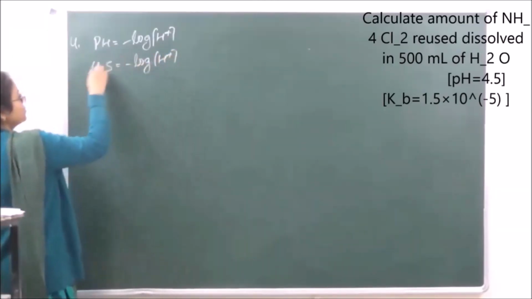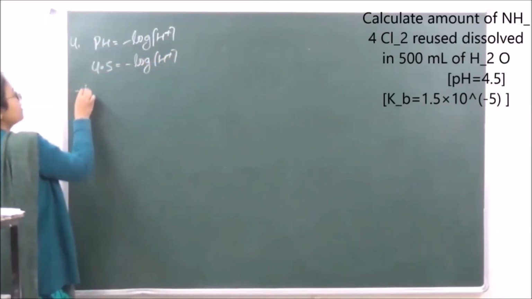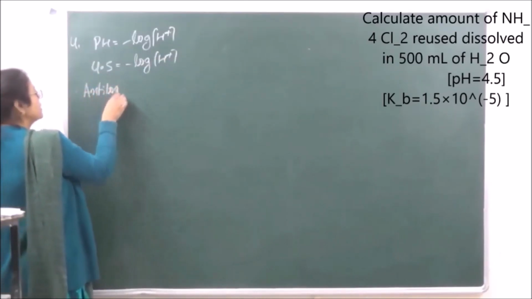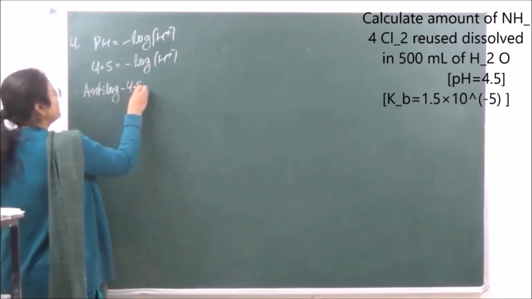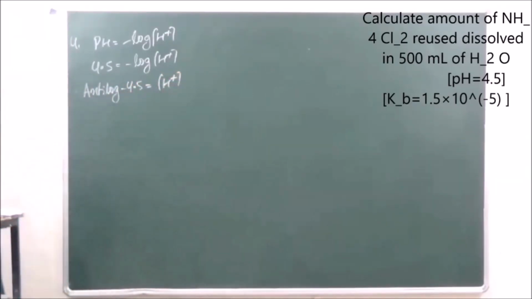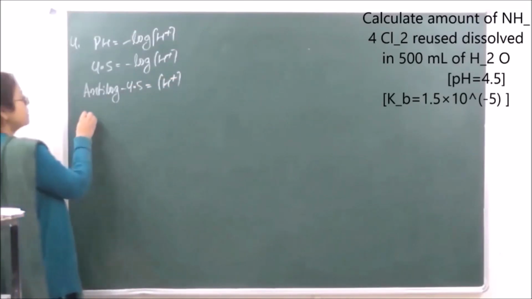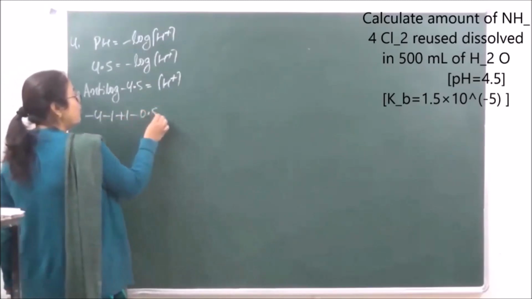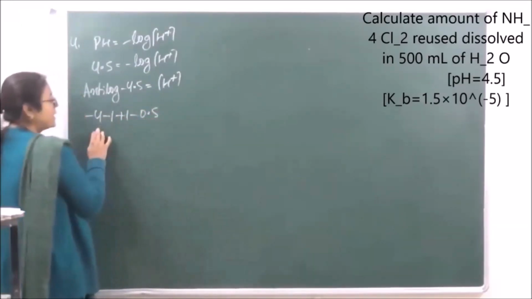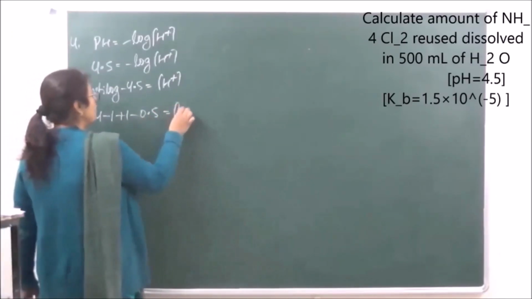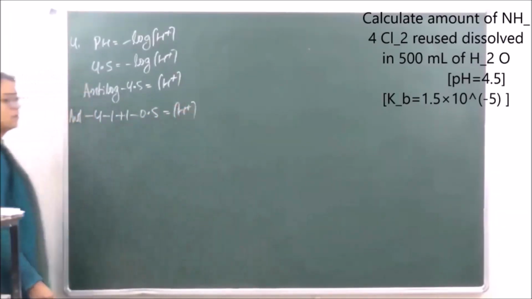To calculate the concentration, we will take antilog. So we have antilog of minus 4.5, that is equal to concentration of H positive. So here you will do the same, minus 4, minus 1, plus 1, minus 0.5, and you take the antilog of this to give us the concentration of H positive.